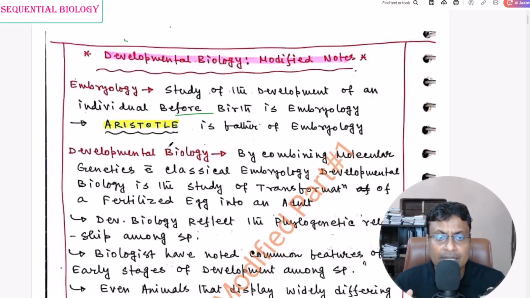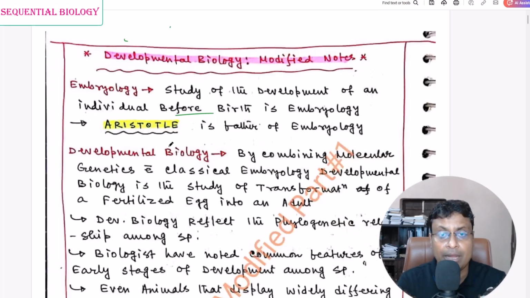Developmental biology is a broad range of biology in which scientists try to find out the phylogenetic relationship between different organisms by studying their developmental period. Or simply we can say, when embryology is combined with genetics and molecular biology, then this branch of biology will be known as developmental biology.